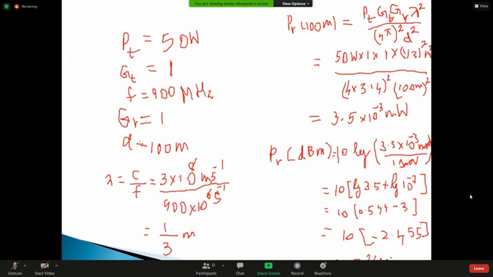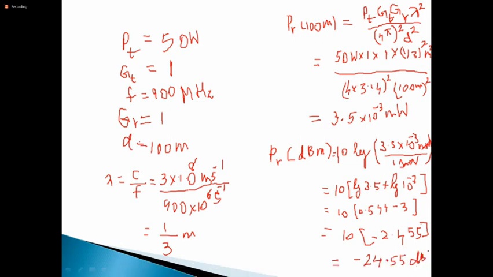Yes, minus 24.55 dBm. So this is the answer. The power received at 100 meters is minus 24.55 dBm.